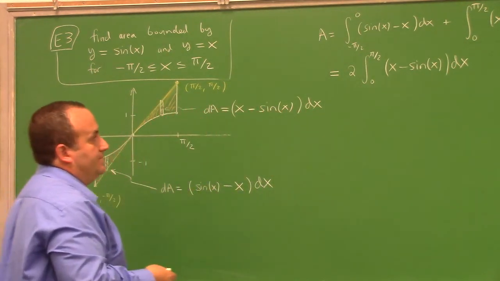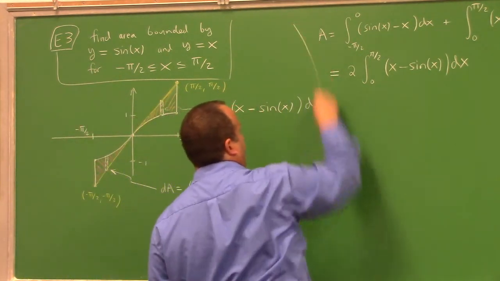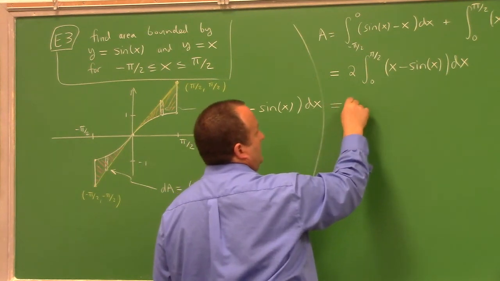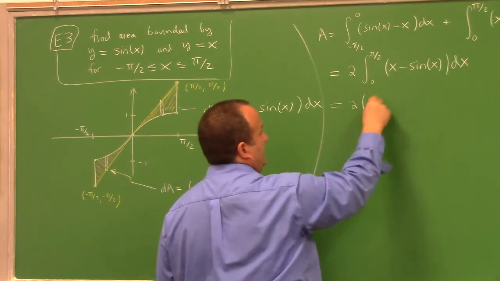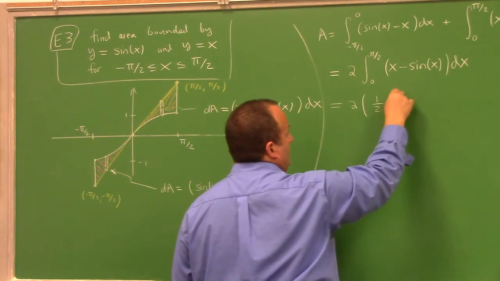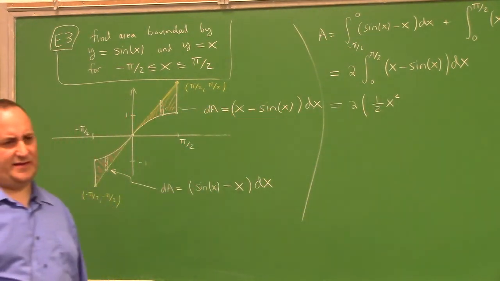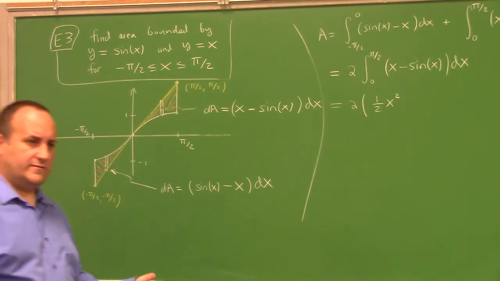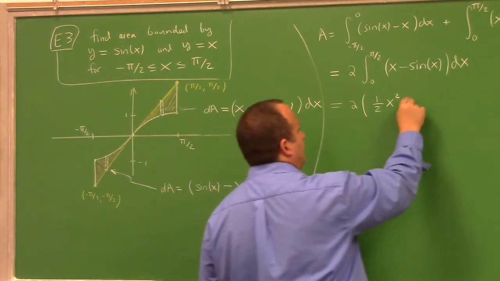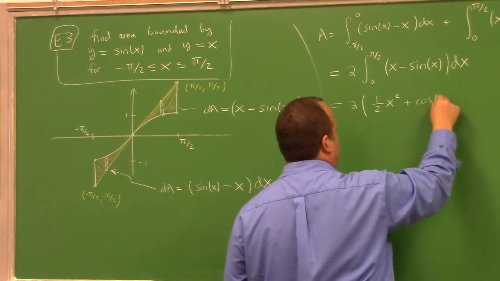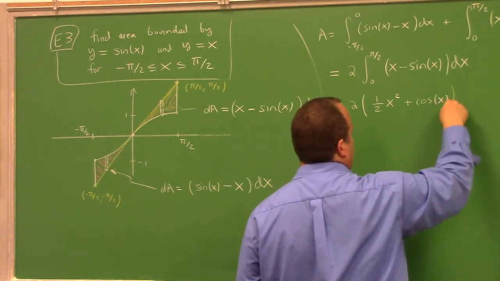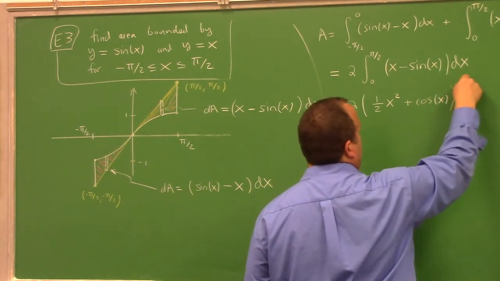And then what do we get? So we have 2 times the integral, where x integrates to 1/2 x squared. What's the integral of minus sine x? Well, what function differentiated gives you minus sine x? How about just cosine? So plus cosine x, evaluated from 0 to pi over 2.